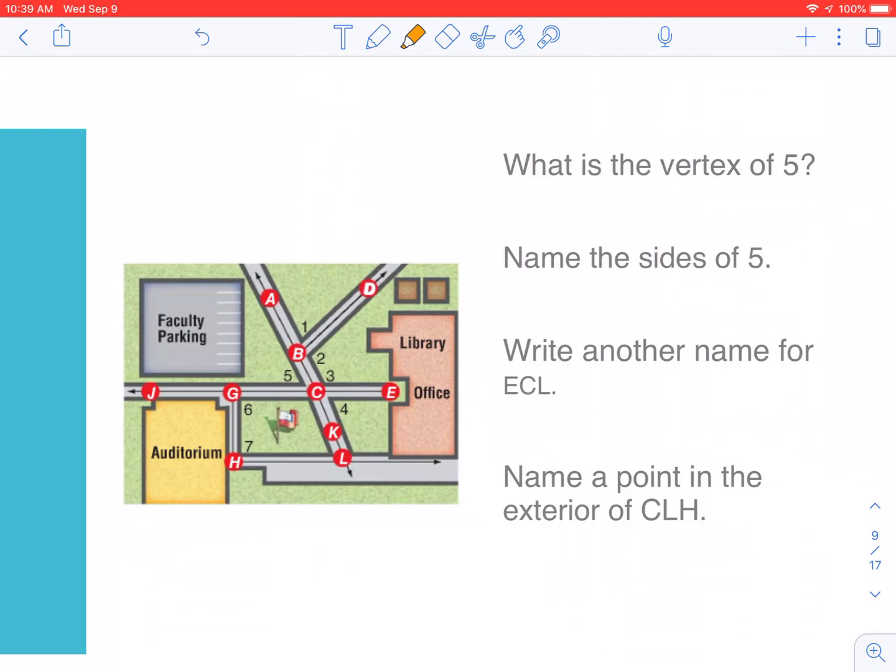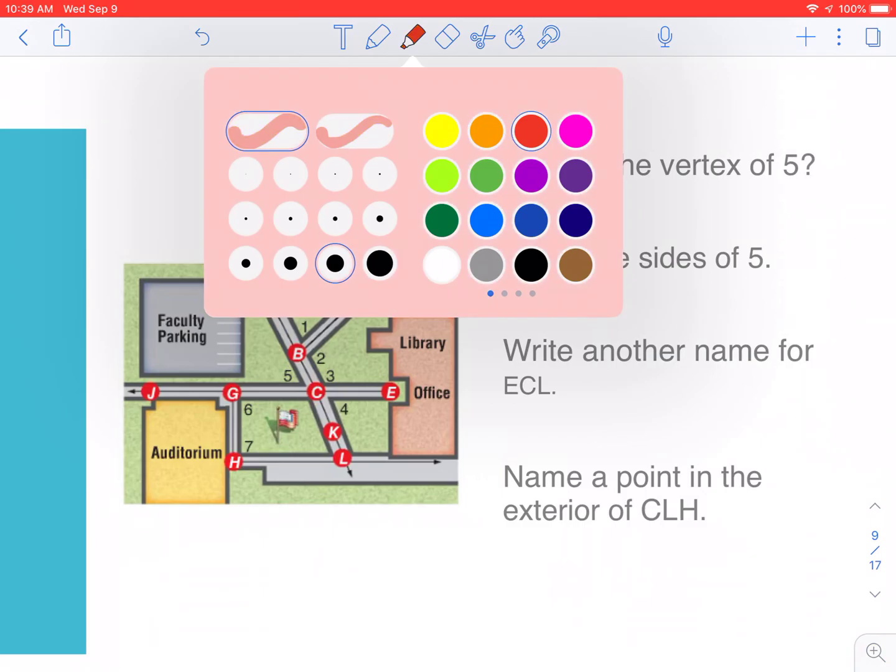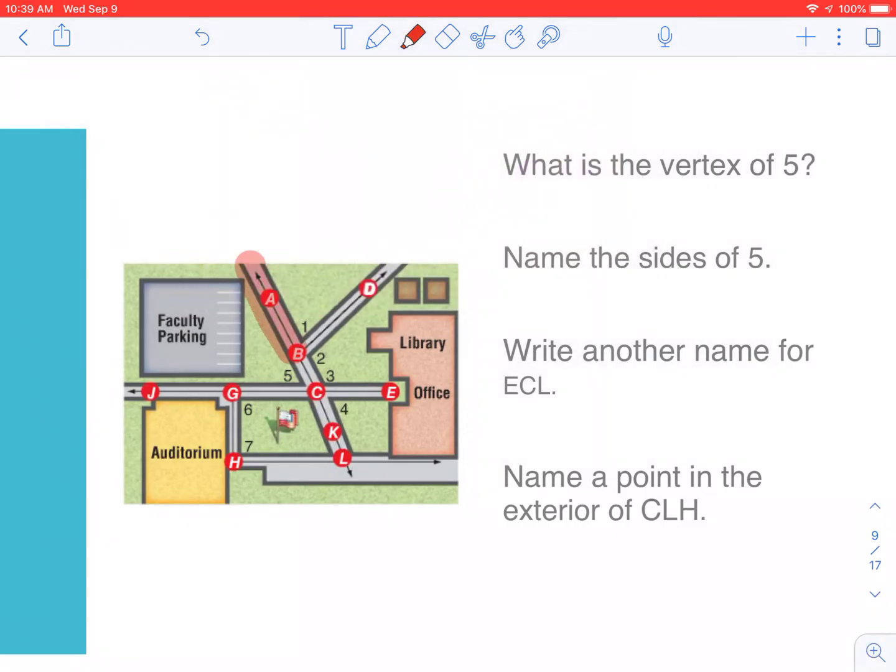What is the vertex of angle 5? So I'm going to trace on angle 5. As you can see where I traced, I'm going to use a different highlighter here, different color. Okay, that's angle 5. What is the name of the vertex?